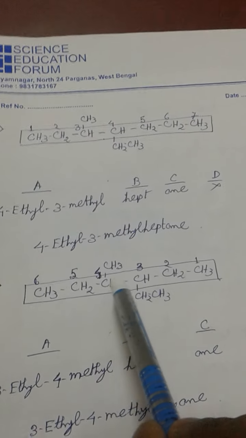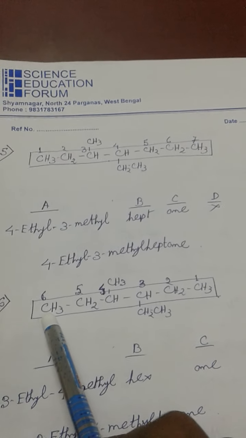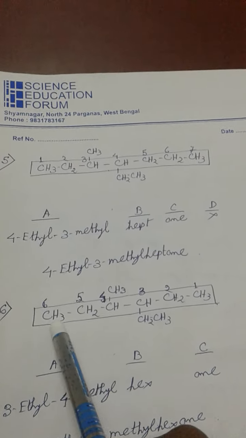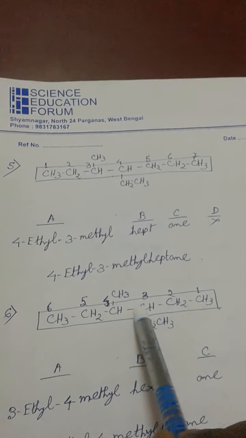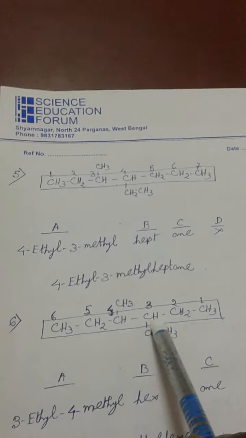Now here also ethyl and methyl are present, but you must notice here, if I start from the left side, then the locants are 3 and 4. If I start from the right side, then also it gets locants 3 and 4.